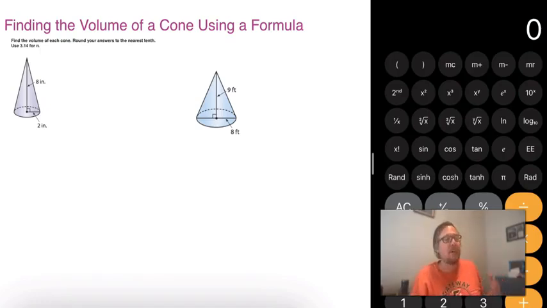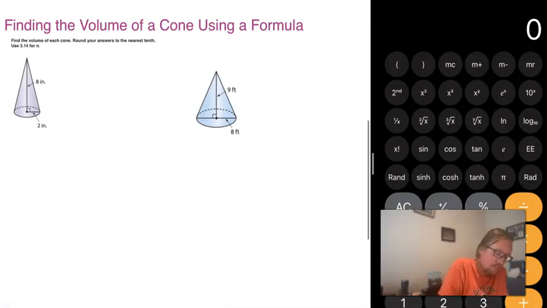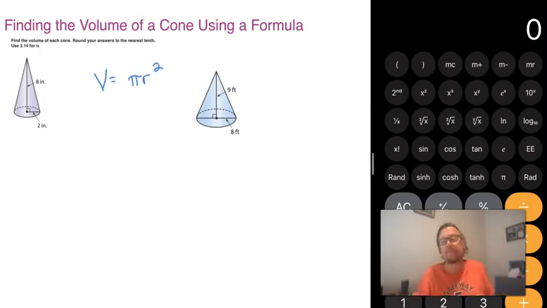And in fact, the volume of a cone includes pi r squared, just like the volume of a cylinder did. The volume of a cone also gets multiplied by the height because the height matters. A short cone is going to have a smaller volume than a tall cone if they have the same base. So we multiply by the height because that matters too.